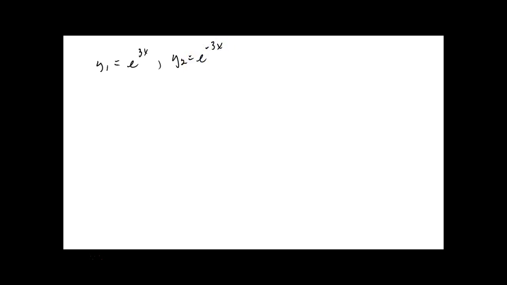We're going to get to that in just a few sections. They're both solutions for this homogeneous equation, y double prime minus 9y is equal to 0, on minus infinity to infinity, the whole real number line.